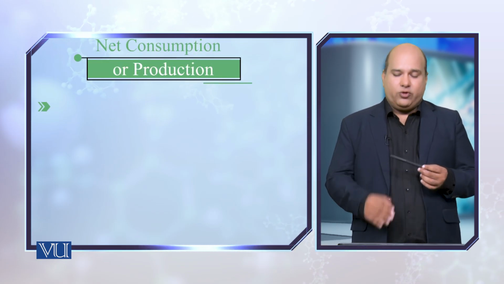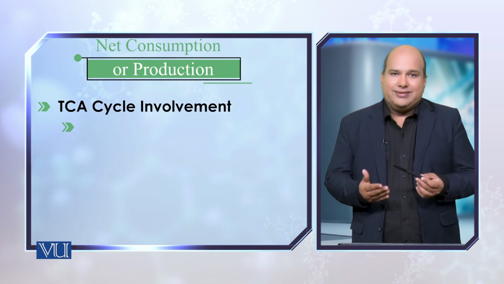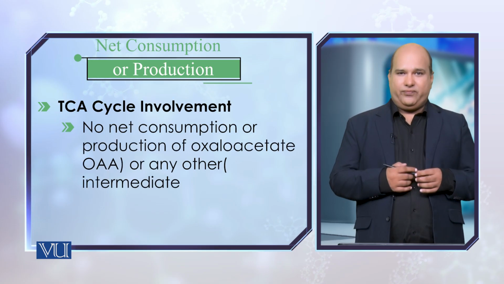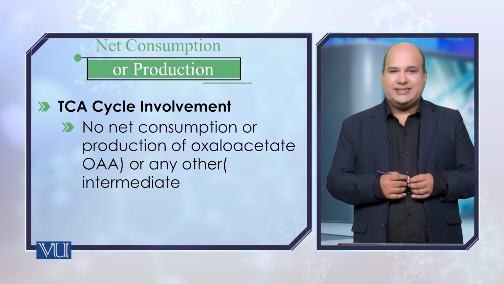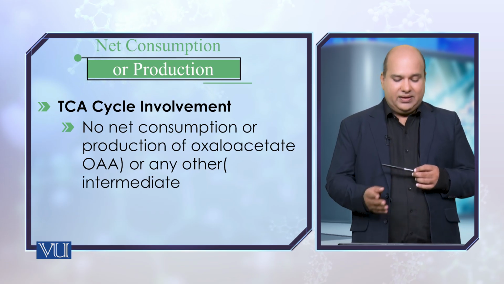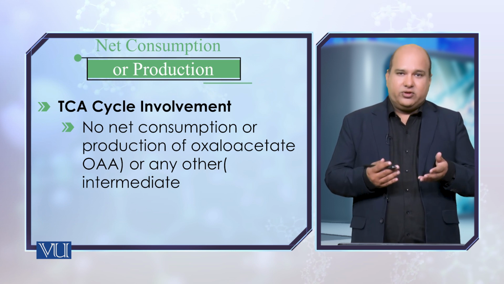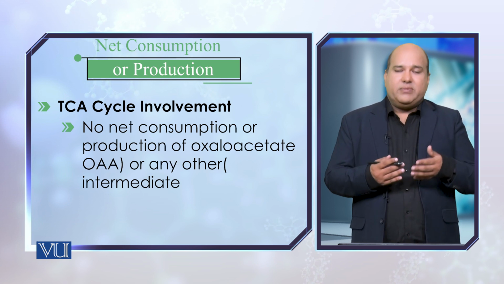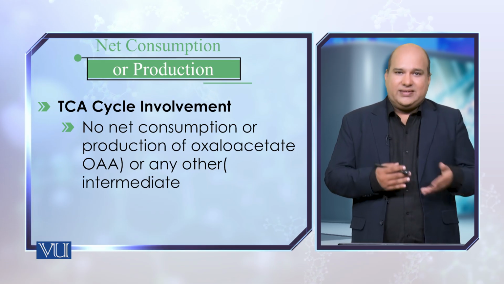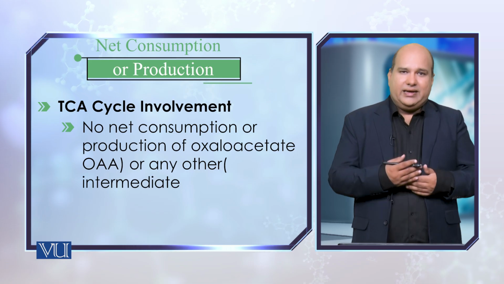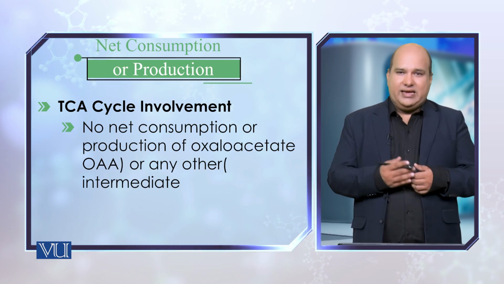There is no gain or loss of the intermediates of this cycle, the TCA cycle. For example, as far as oxaloacetate is concerned, of course it is being used, but there is no net gain. Once it is used, it is again available for reaction with the acetyl-CoA.